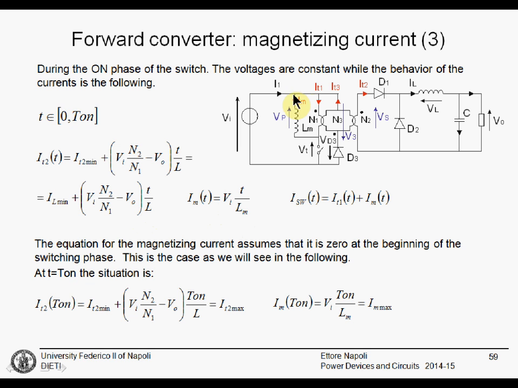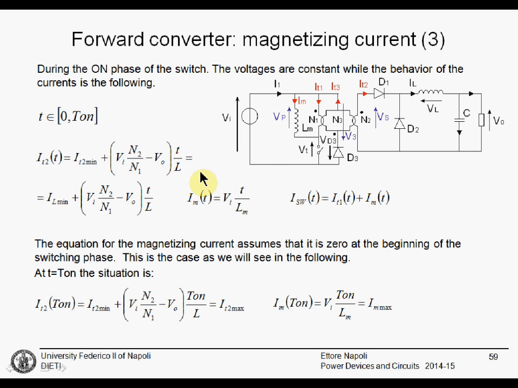We can also calculate the magnetizing inductor current. It will be proportional to the primary voltage, that is Vi, proportional to the time and divided by the magnetizing inductance. The switch current will be the sum of IT1 plus IM.